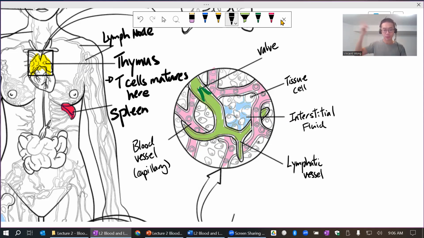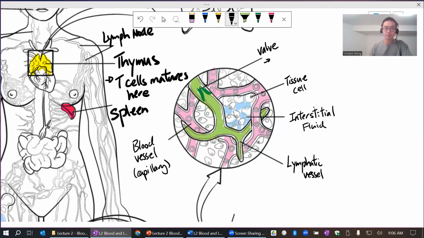It doesn't have a heart that circulates the lymph. By having these valves, you prevent the lymph from backing up and pooling. It's always moving forwards. It functions like the heart valves; it prevents the backflow of, in this case, lymph.